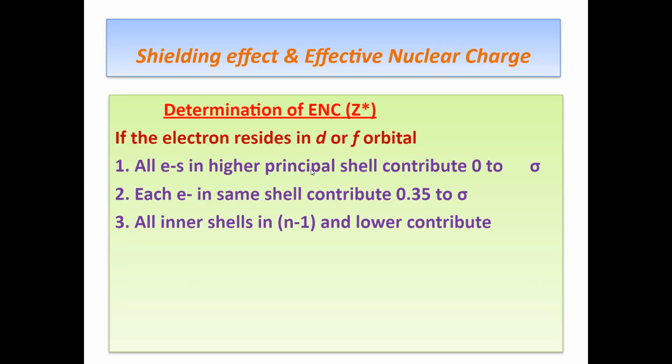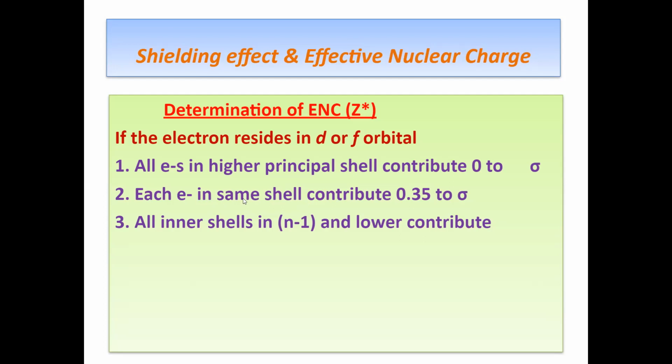That electron itself is not a shielding electron; the remaining electrons contribute shielding. So that's why 0 is put.